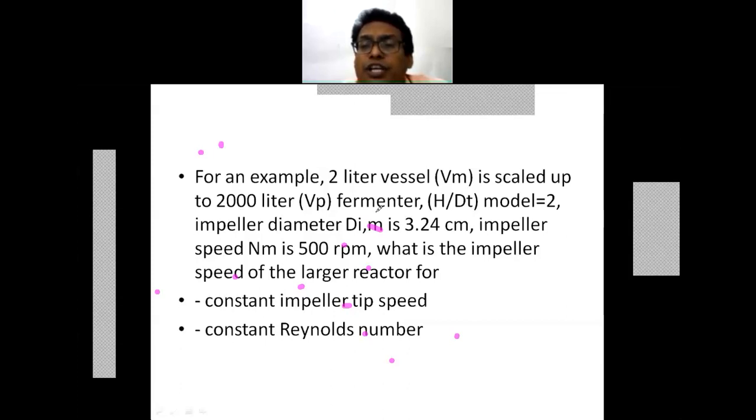H upon Dt for the model is equal to 2, the impeller diameter Dim is equal to 3.24 centimeter, and the impeller speed of the model is 500 rpm. What is the impeller speed of the larger reactor for constant impeller tip speed and constant Reynolds number? So one by one we will talk.